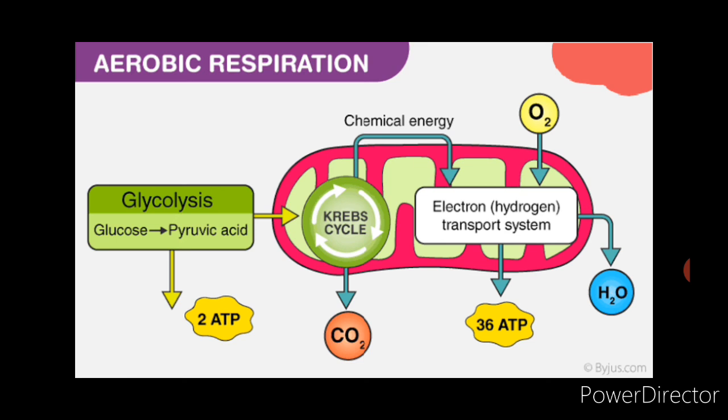When they pass through, the energy released is trapped by ADP. What did I say for ADP? ADP is adenosine diphosphate, isn't it? This ADP absorbs this energy for the synthesis of ATP, that is adenosine triphosphate.